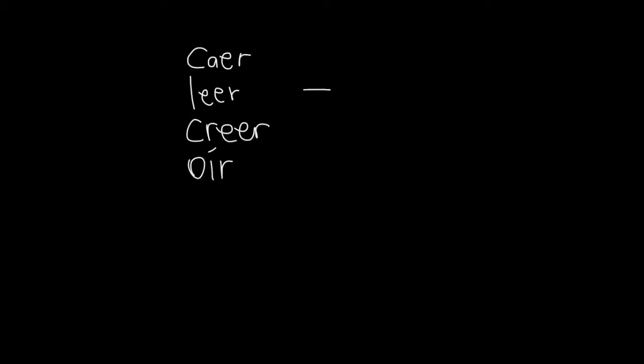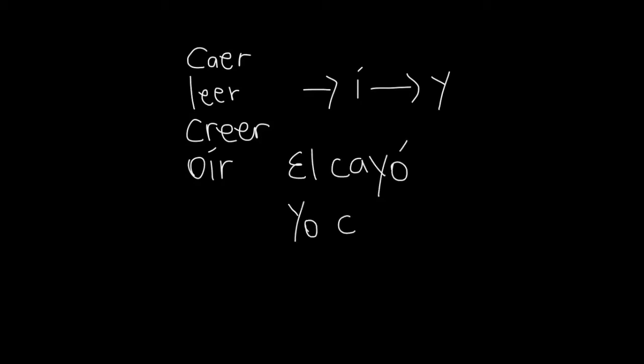In the same category of a spelling change, we have the following verbs: caer, to fall; leer, to read; creer, to believe; and oír, to hear. So in the form of él, ella, and usted, it will be él cayó, but in the form of yo it will be caí, caíste, and so on and so forth.